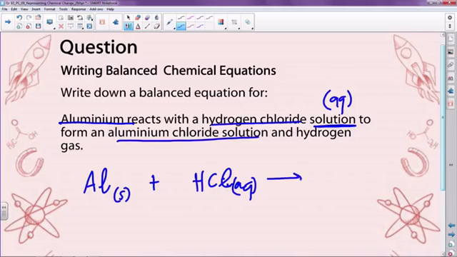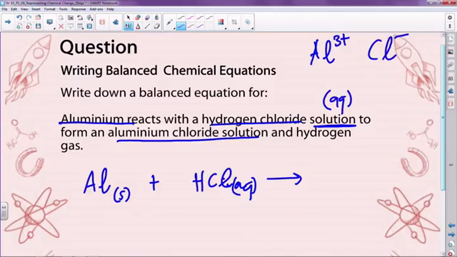Now, if we go to aluminium chloride, in the first term we looked at the common cations and the common anions. You'd recall that aluminium is Al3+. This is the most common aluminium ion. And we know chlorine, because of its valency of 1, is going to be Cl-.